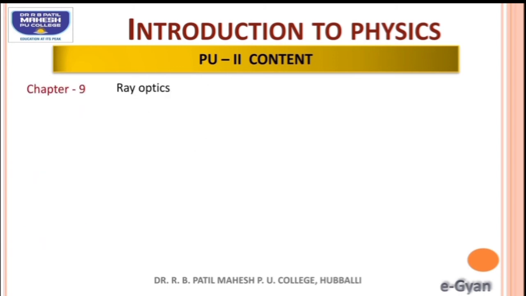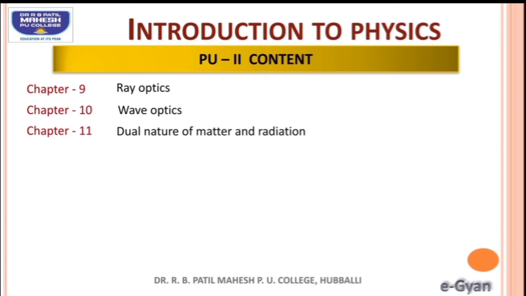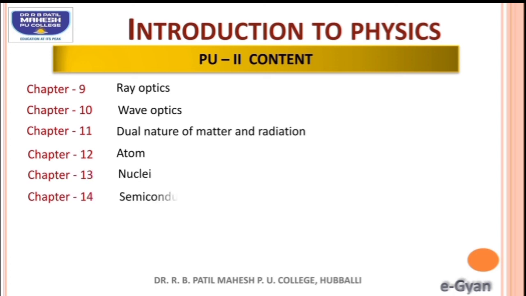Chapter 9, Ray Optics. 10, Wave Optics. 11, Dual Nature of Matter and Radiation. 12, Atom. 13, Nuclei. 14, Semiconductors. All these 14 chapters you will be studying in second PUC. You will come to know about these chapters when you study PU1 and PU2.